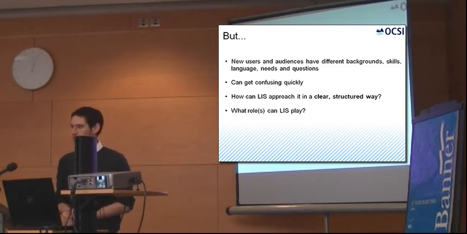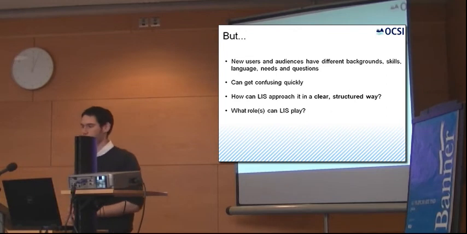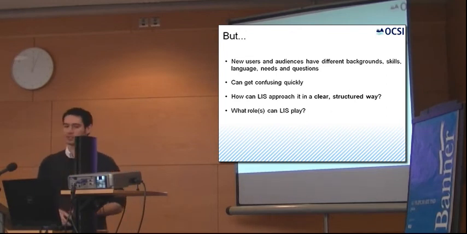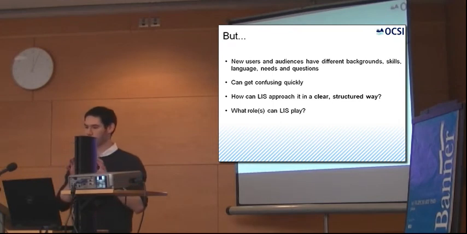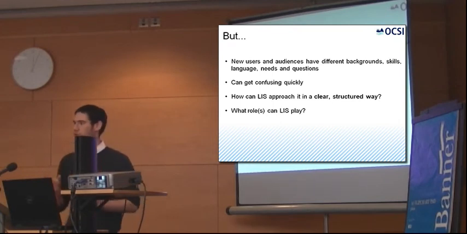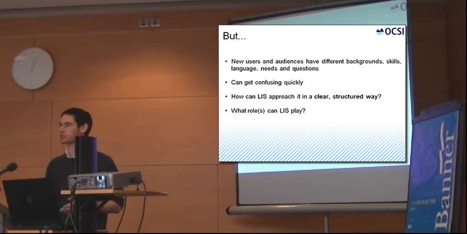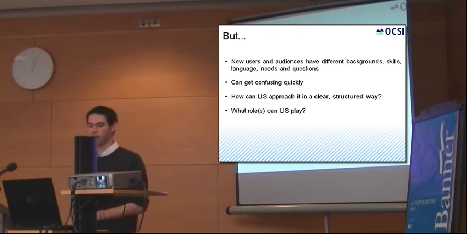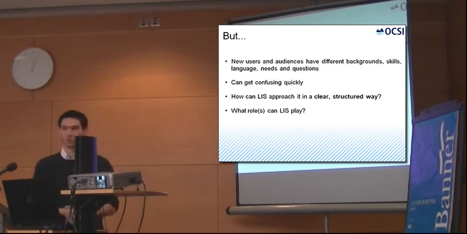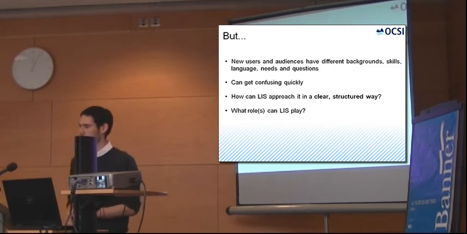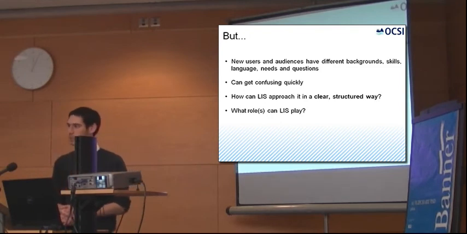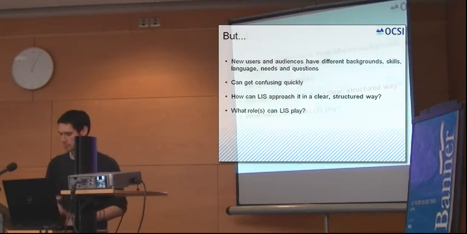So the challenge is, how do we go about thinking about this in a clear and structured way, so that we can approach it methodically and make it clear what we're doing? And ultimately address the question, what role can and should LISs play in terms of audience and functionality.